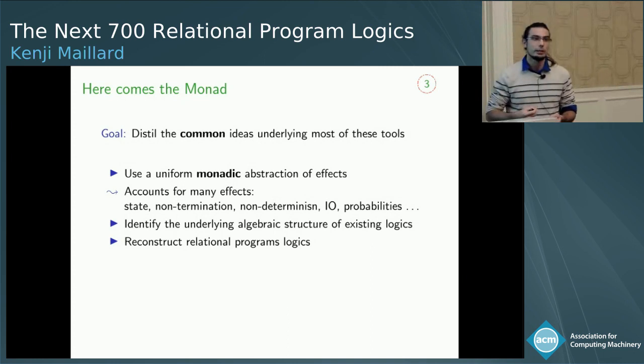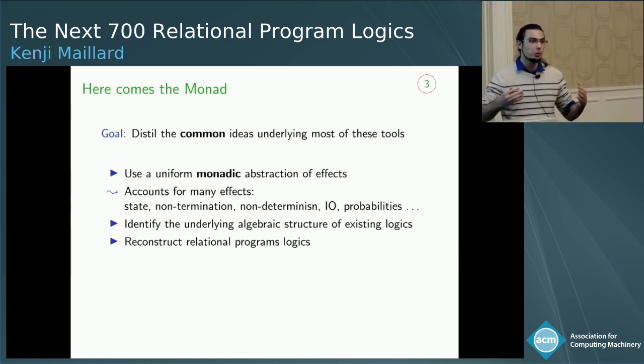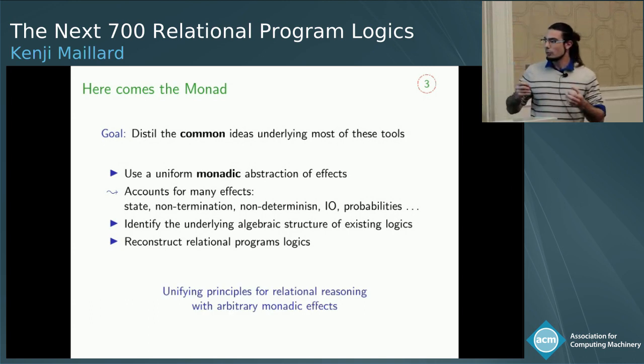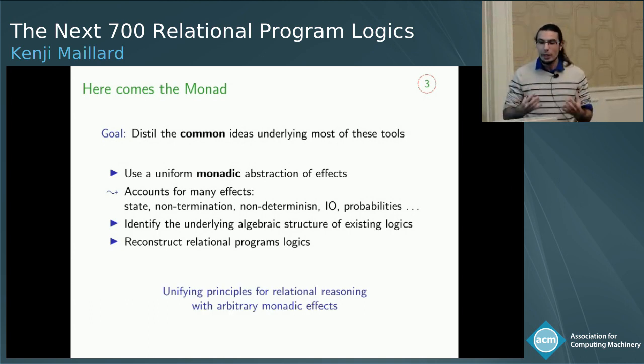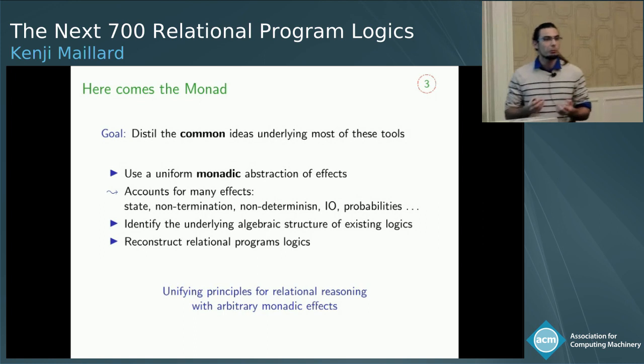And then, once we have understood this structure, we want to be able to reconstruct relational program logics for a variety of monadic effects. So in this talk, I want to try to extract the unifying principles of relational program logics for arbitrary monadic effects. So how will we go about doing that?